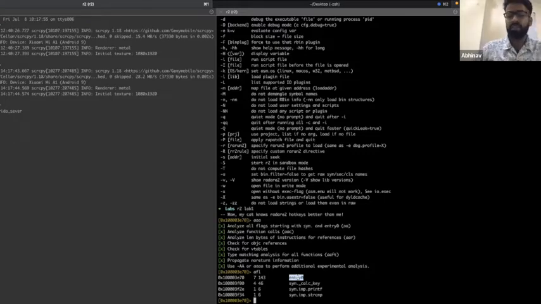To print the disassembly, there are many instructions. What I like to use is PDF at entry 0. If you want to print any other function, you can just do PDF at that particular function.